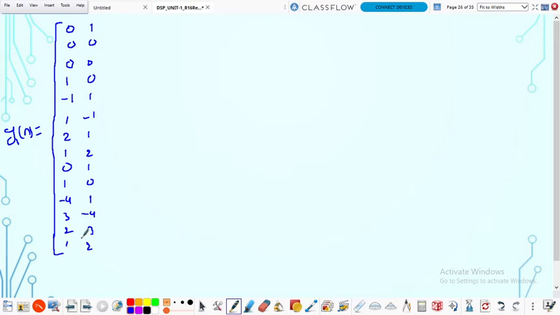What is this order? It is 14 samples, so the order of x1 of n is 14 by 14.